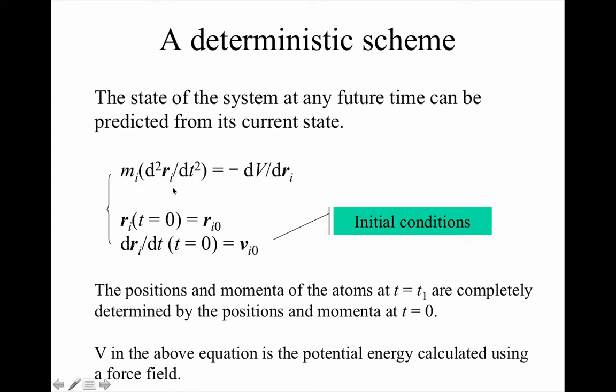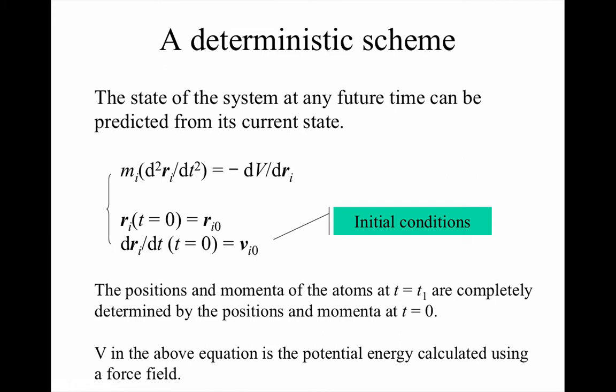And by substituting for the force on this particle the negative of the gradient of the potential energy in the system with respect to the position vector of atom number i. Note that this potential energy that enters into Newton's second law is in fact the potential energy calculated using a force field. So this is how a force field actually enters into molecular dynamics.